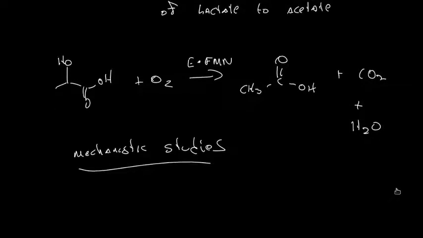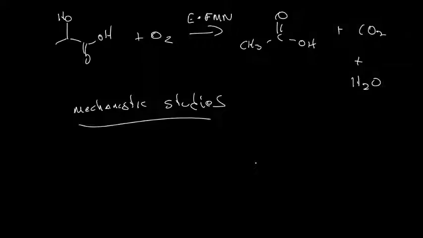Okay, so one of the first things they did was some labeling studies. So they labeled with oxygen 18. If you start this reaction with oxygen 18, what they see is the oxygen 18 gets incorporated into the acetate and the water.